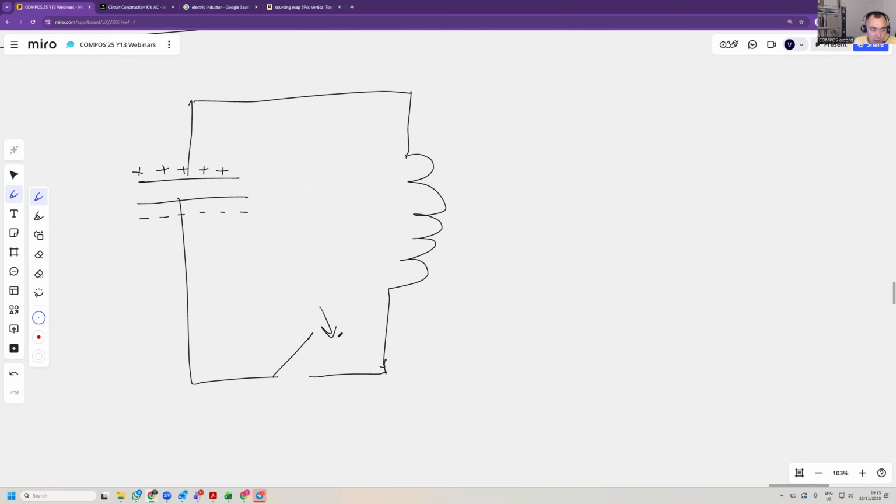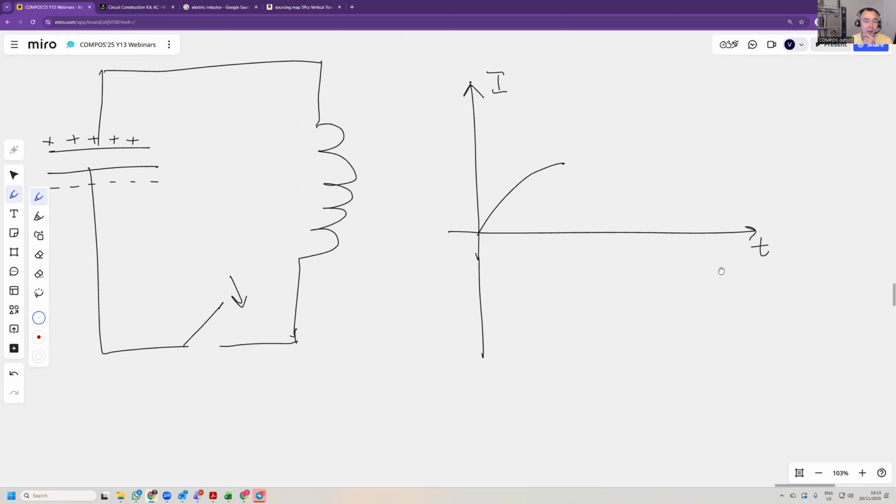When you close the switch, the current in the coil will increase, but the coil doesn't like that increase, so the current will build up slowly. Current in the coil versus time.